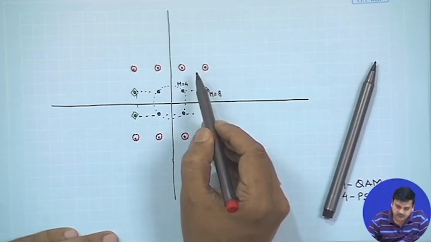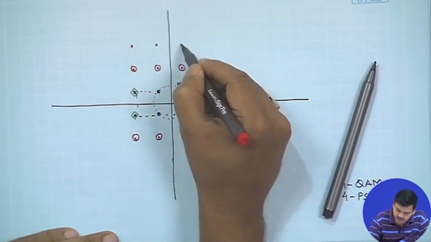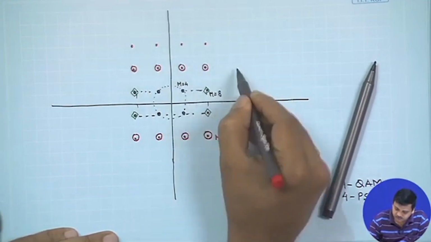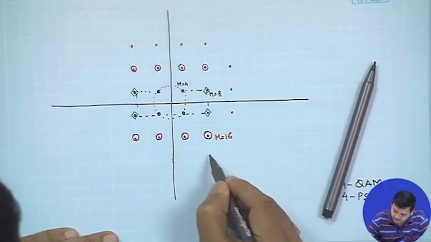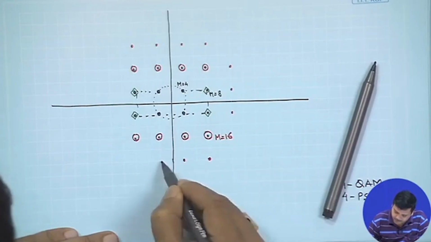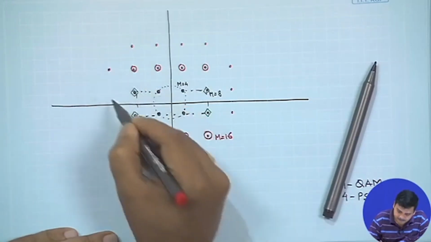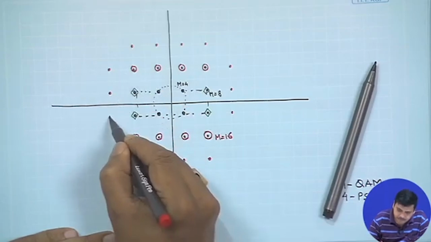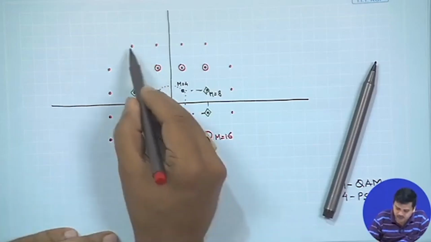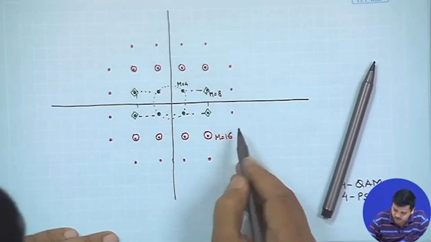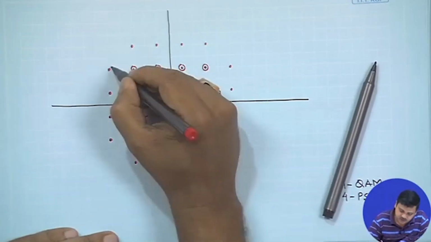Similarly, you could extend this particular constellation to the next level by adding a few more constellation points. So, we have added 4, 4, we should add one more here, 4 over here and 4. So, we have added 16 more constellation points.